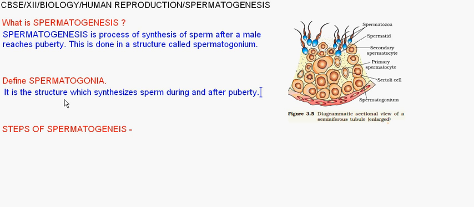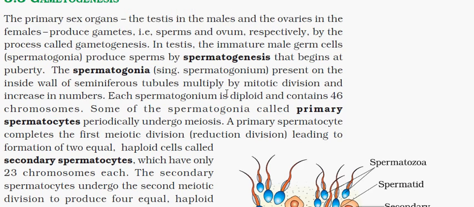When a male person reaches puberty, spermatogonia synthesize sperm. Spermatogenesis occurs in spermatogonia, and in case of a male person, testis is the primary sex organ.